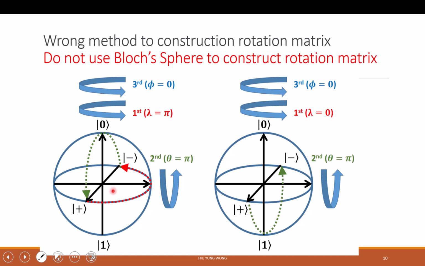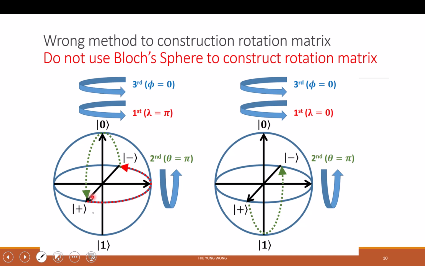For example, look at this plus state and minus state. The first rotation is about the z-axis by pi, so you come to here. The second rotation is about the y-axis by pi, so it comes to here. And the last rotation is 0. Don't do anything, based on what we said.